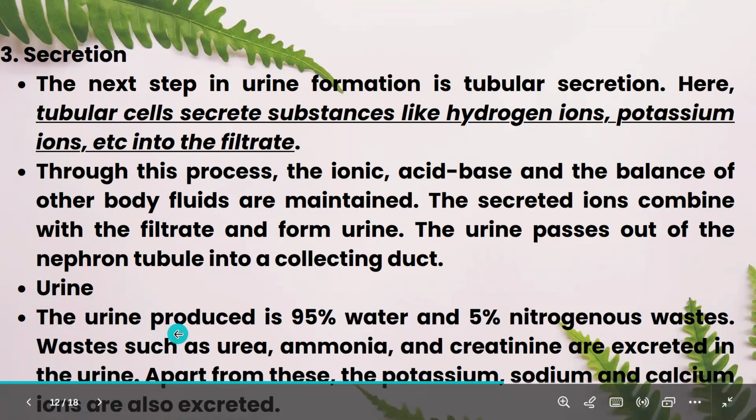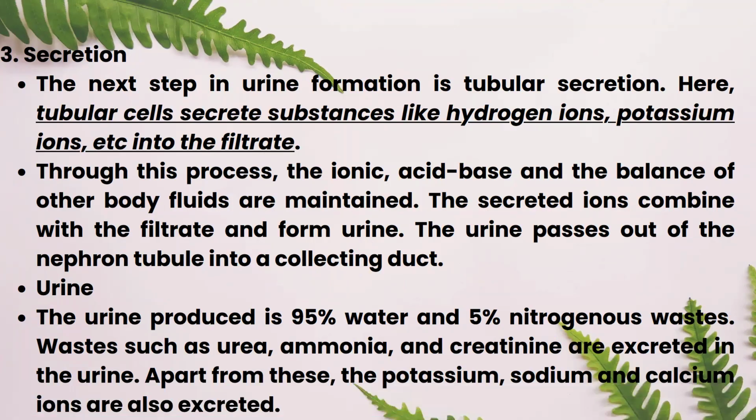This urine consists of 95% water and 5% nitrogenous waste, such as urea or ammonia, and creatinine, which are excreted in the urine. Apart from this, potassium, sodium, and calcium ions are also excreted.